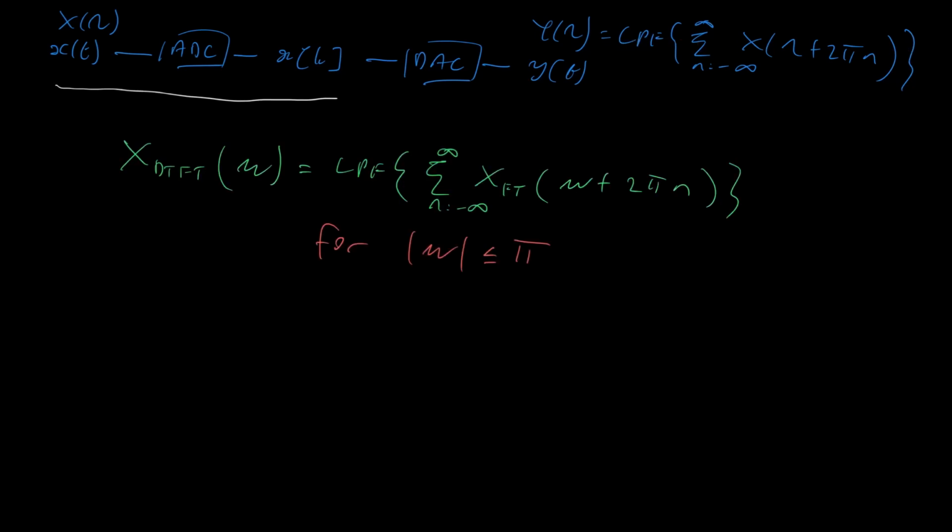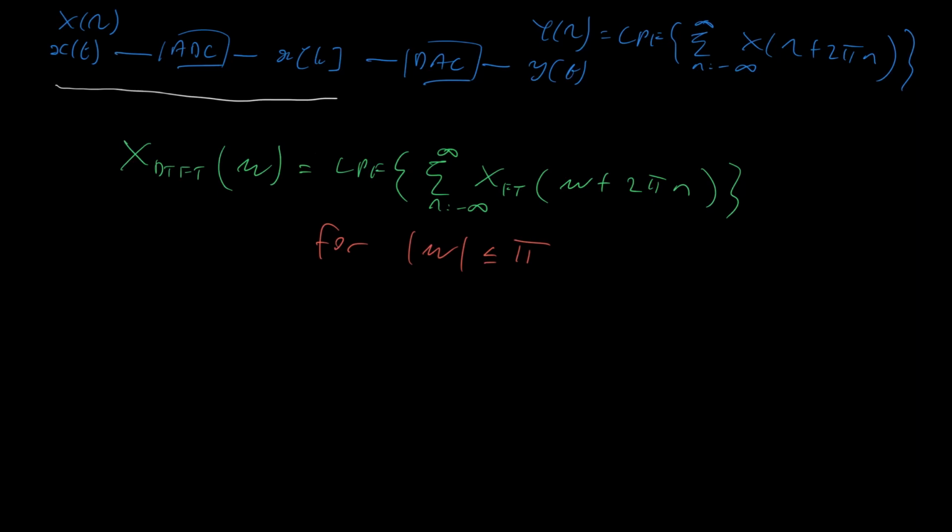Actually, to keep things simple, I've been talking about the discrete-time Fourier transform for values of omega between minus pi to pi. The reason I have been doing this is because it's the inverse discrete-time Fourier transform that's the more important object, because it gives us a representation of a discrete-time signal as a sum of sinusoids, which is what we need.